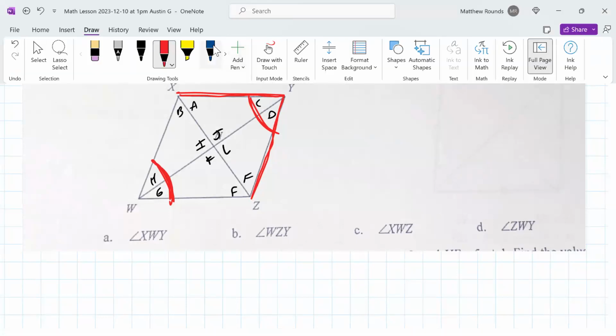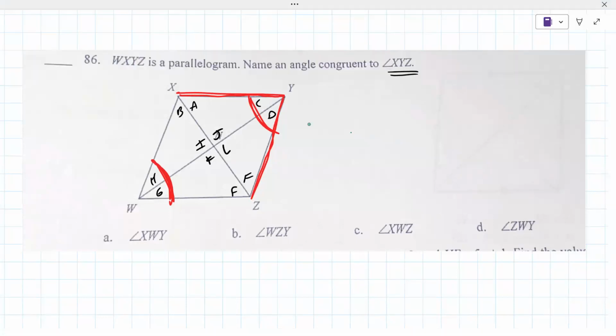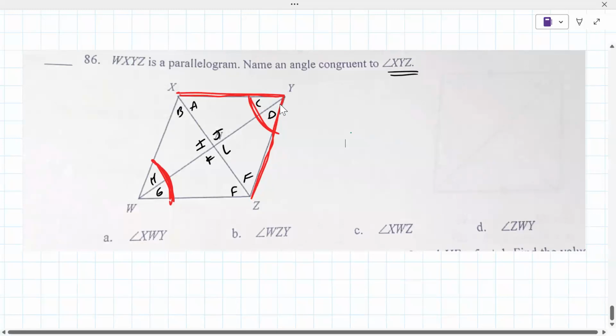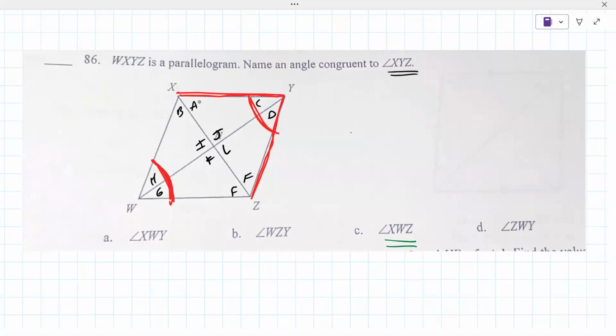I think it's a V. Yeah, just like over here, it's kind of a V around the C and the D. Would it be C? So X, W, Z. Absolutely. Okay. All right. I think we're making some progress on that, which is good.